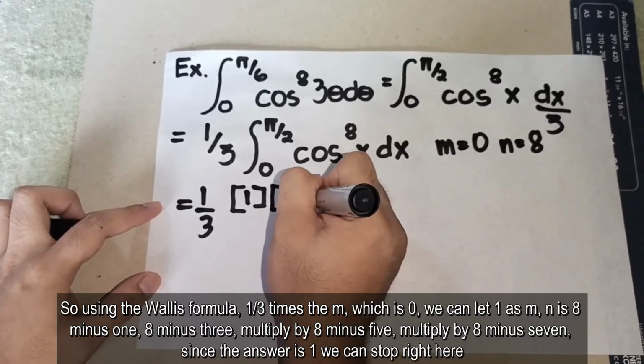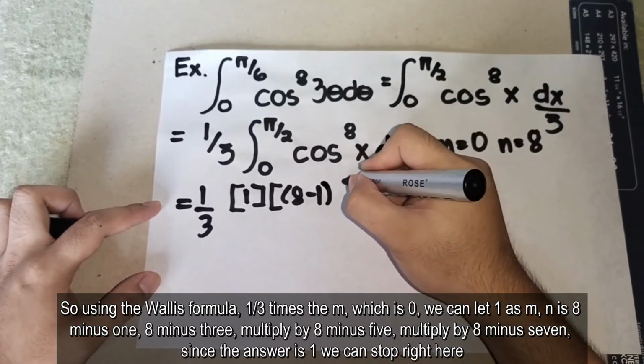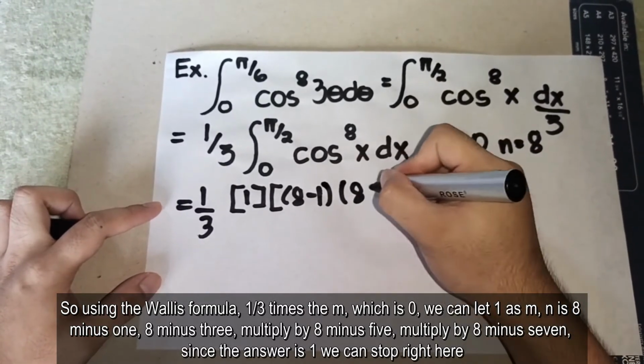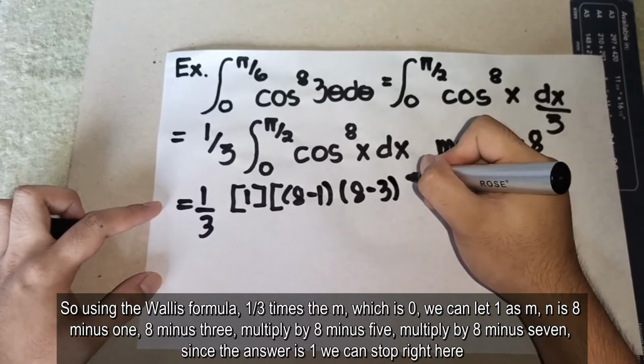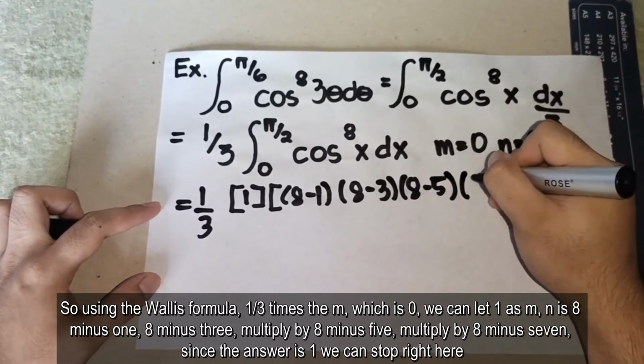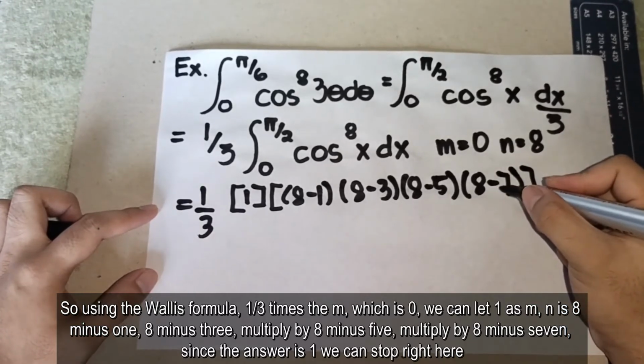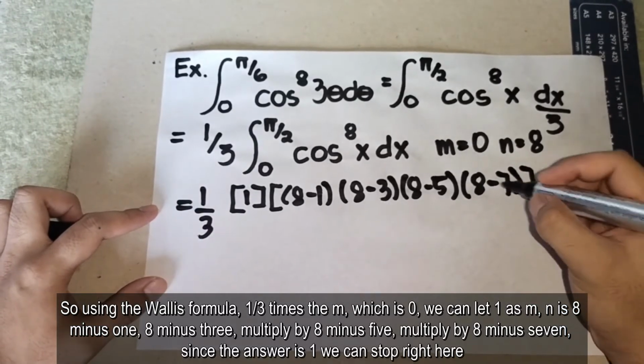And 8 minus 1, 8 minus 3, multiply by 8 minus 5, multiply by 8 minus 7. Since the answer is 1, we can stop right here.